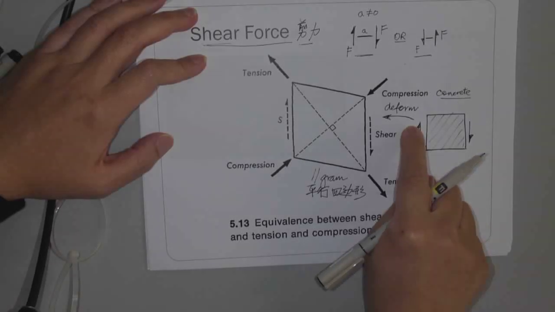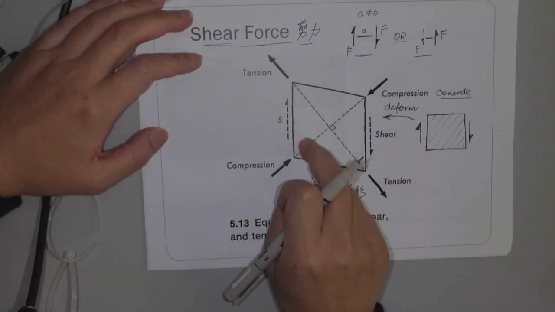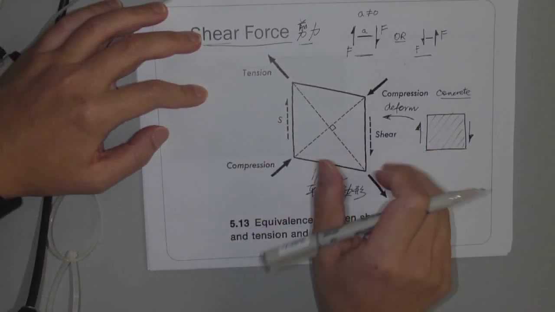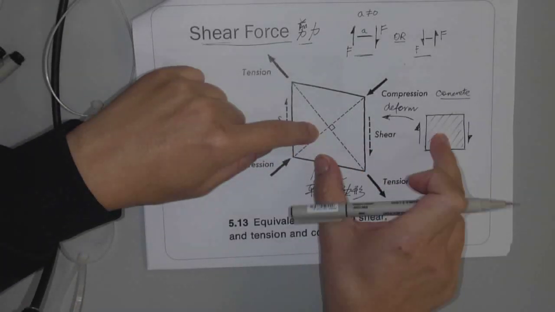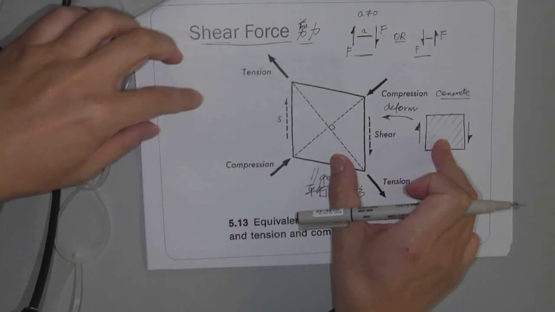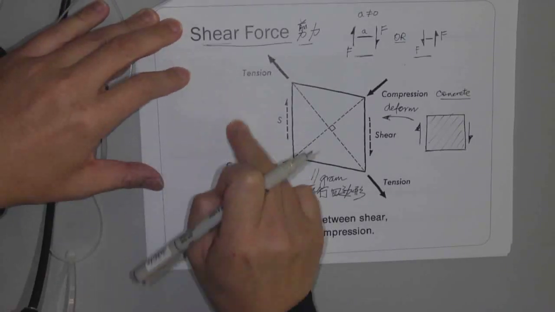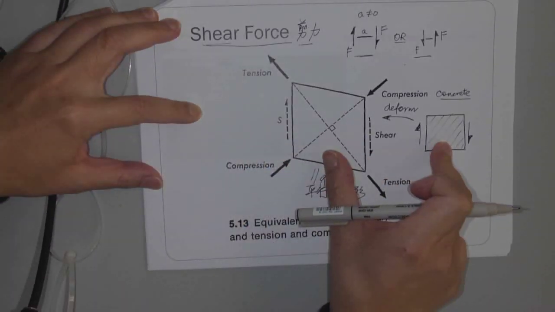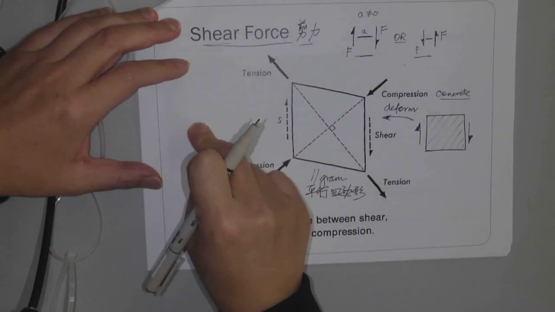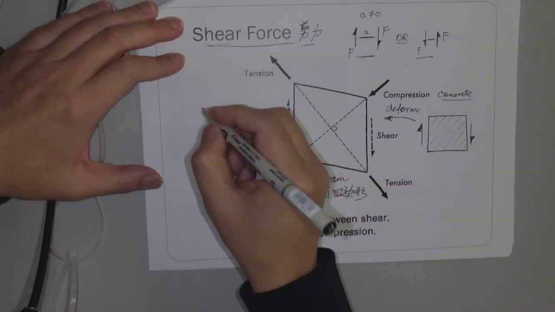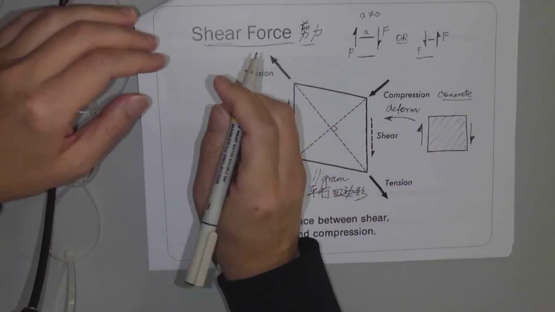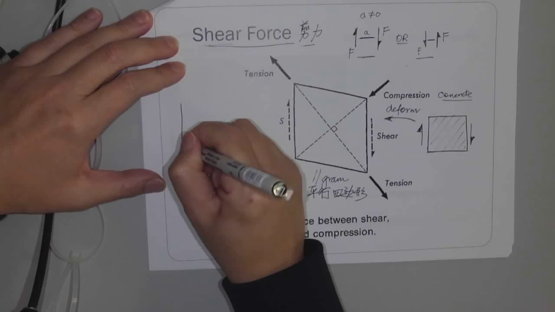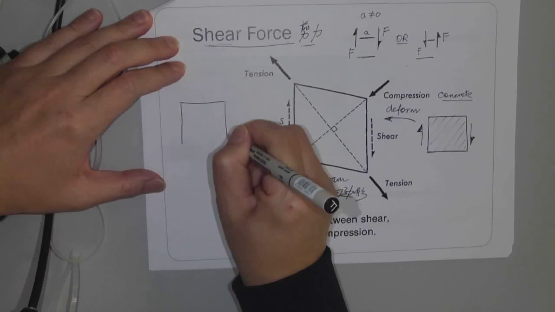Right, so what I'm going to do here is I will try to combine these two sketches together into one, and I put it here. I try to combine these two. So my concrete originally it's a square.